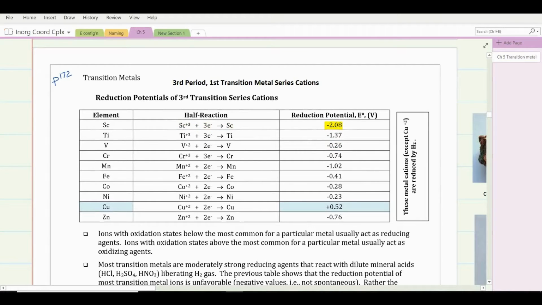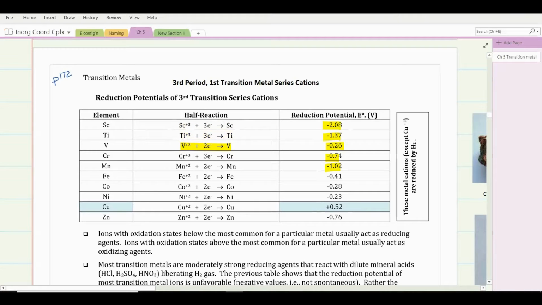Recall that negative potential means that it's unfavorable. We would have to apply at least 2.08 volts or greater to force scandium plus 3 to accept 3 electrons and be reduced to scandium metal. And with the exception of copper, this is true in all cases, the reduction of the transition metal cations is unfavorable.